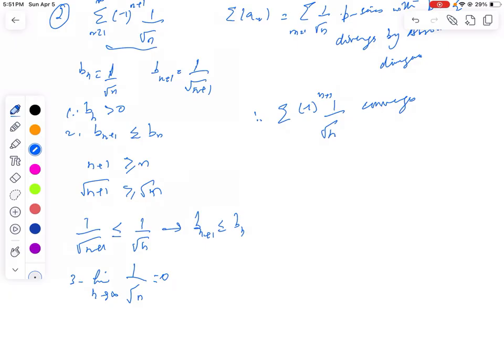We already saw that the absolute series corresponding to this series does not converge, so there is conditional convergence. So we say the series summation -1 to the n plus 1 divided by square root of n converges conditionally.